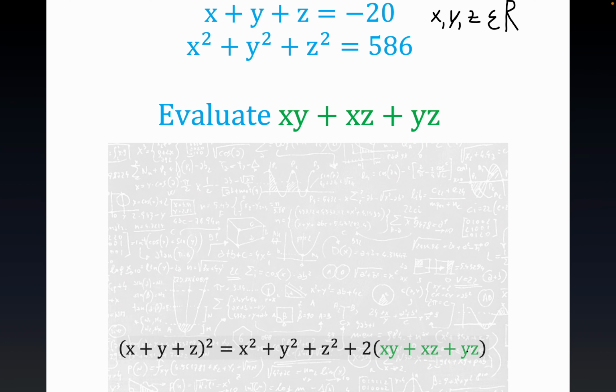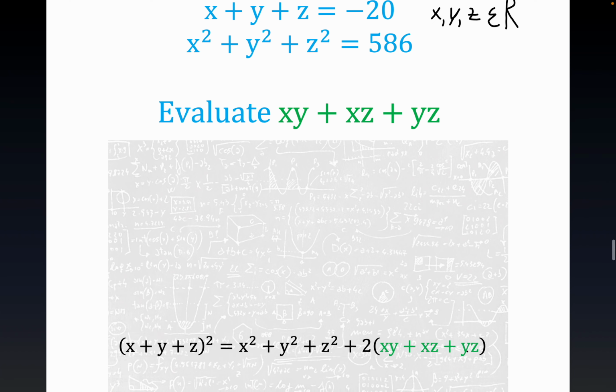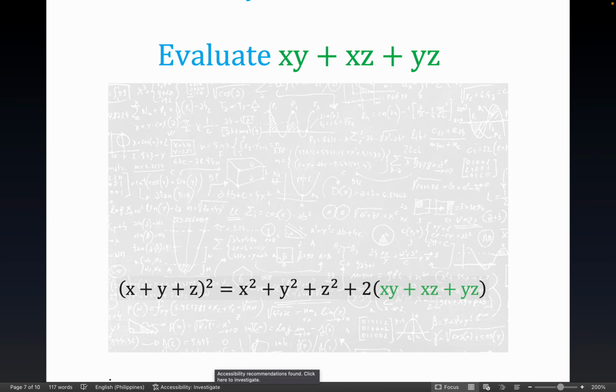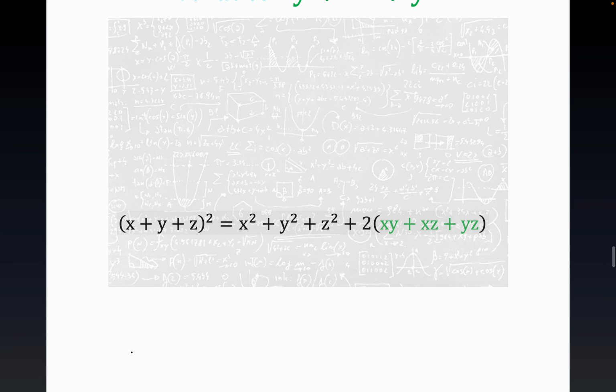And so we know that x plus y plus z is equal to minus 20, right? And so we can write, let's go ahead and come down here a little bit. Okay, we can write down minus 20 quantity squared, which is of course 400, okay, equals, now what is x squared plus y squared plus z squared?